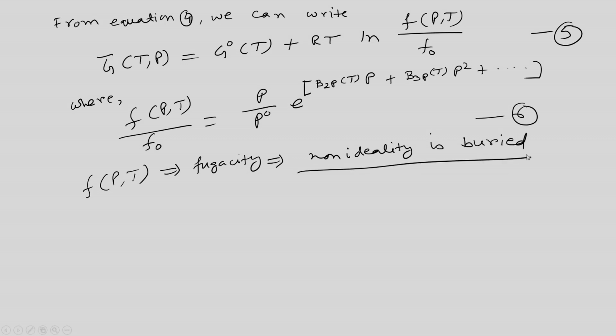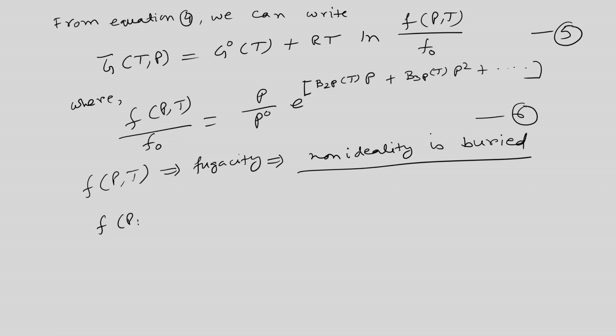Okay. In this term, non-ideality is buried. Okay. And f(P,T) goes to P as P goes to 0. Okay. When pressure is very, very small, then f(P,T) goes to P.